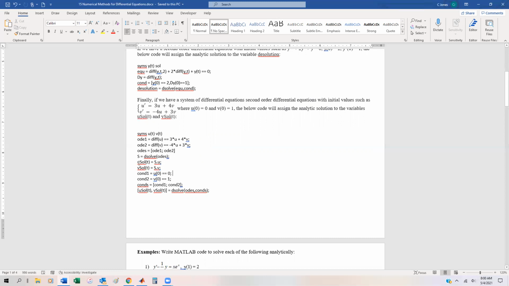Then we define our solutions in terms of t, our independent variable. With a system, we have a solution for u and a solution for v in terms of t, so I can plug it back into the differential equations and get a solution that satisfies both differentials simultaneously.